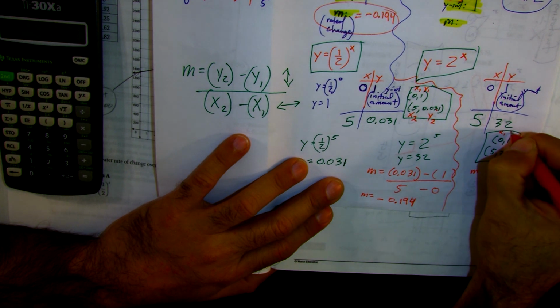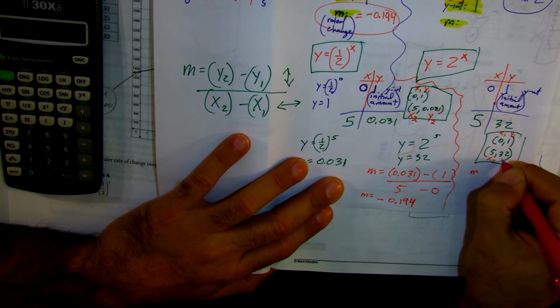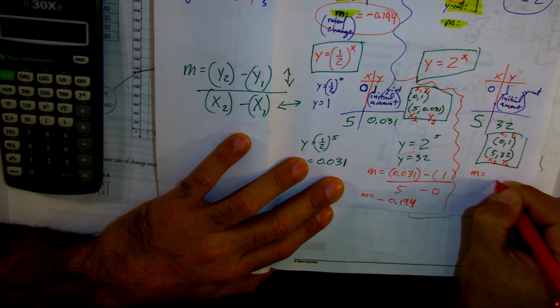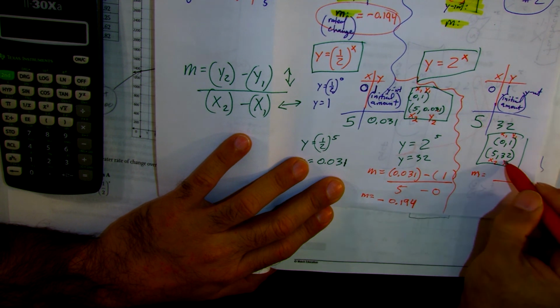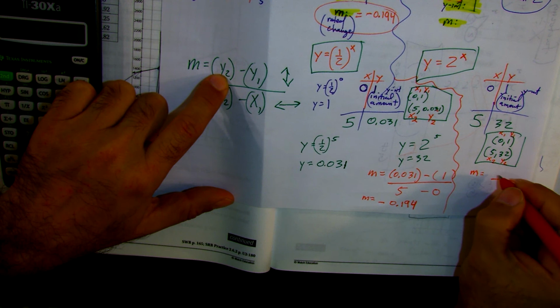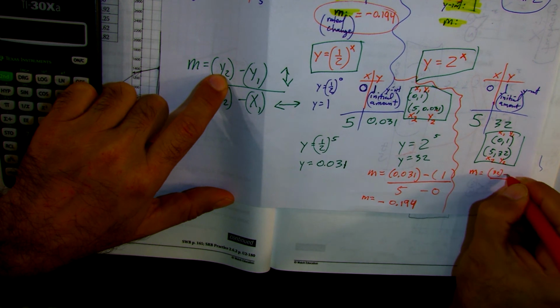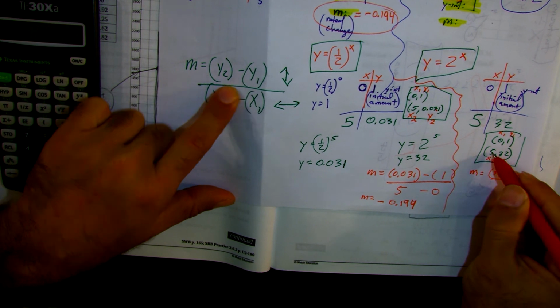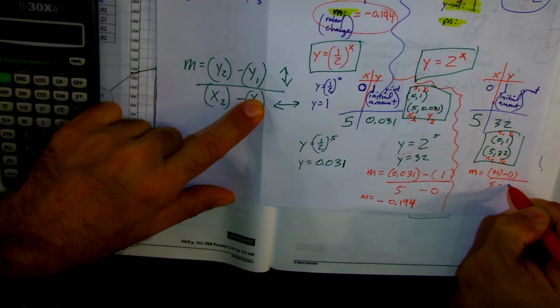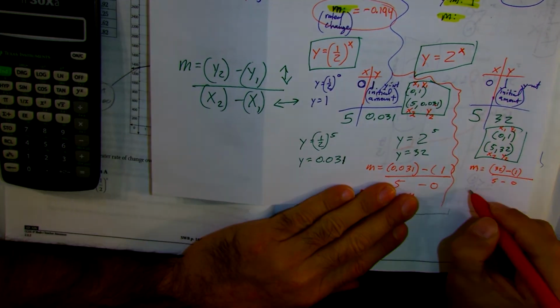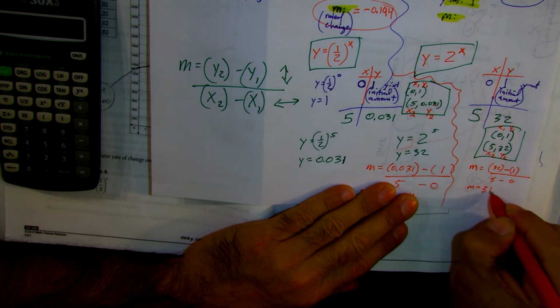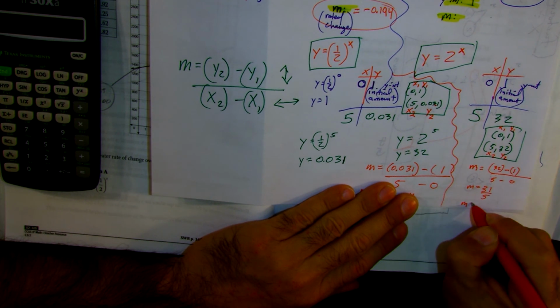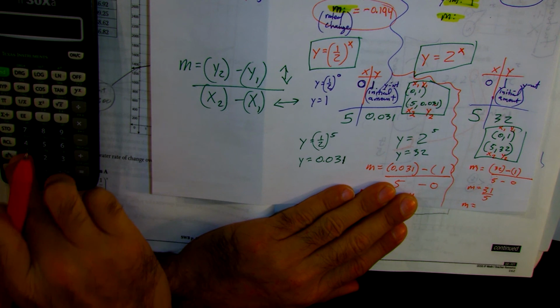All right, last we're going to do this set of points. So we got to label them x1, y1, x2, y2. All right, we're going to do y sub 2, 32, minus y sub 1, 1. Yeah, it's 31. All right, then we do x sub 2 minus x sub 1. So we're going to end up with 31 over 5.